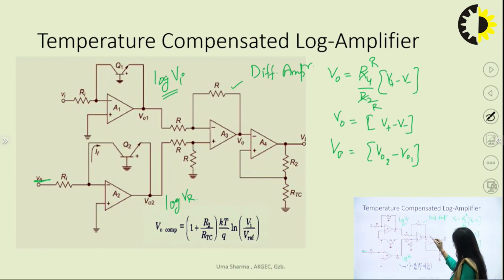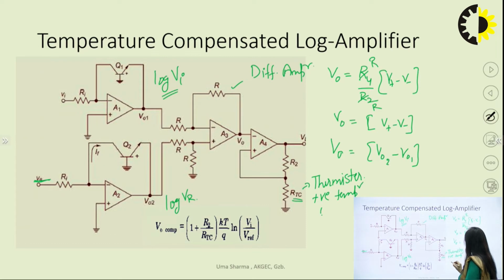Now another op-amp is used to compensate for the temperature effect. Here a temperature dependent resistor is added, known as RTC. This resistor is known as a thermistor. It has a positive temperature coefficient. The meaning of positive temperature coefficient is that if I increase the temperature, the value of RTC will increase.